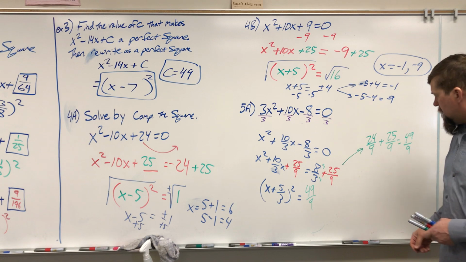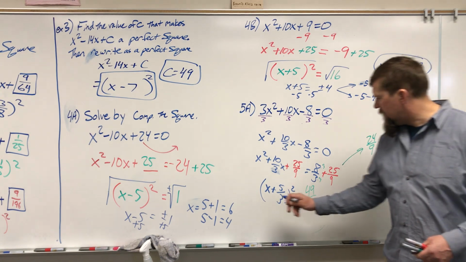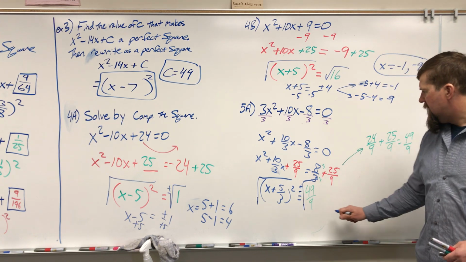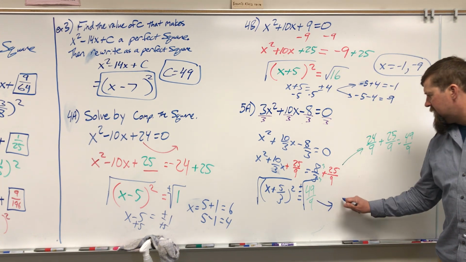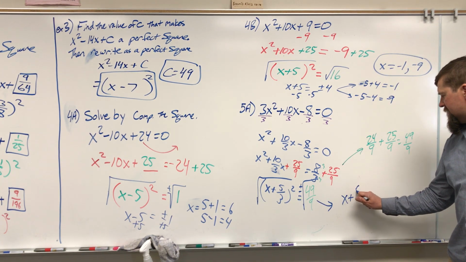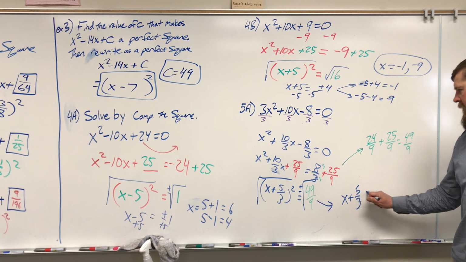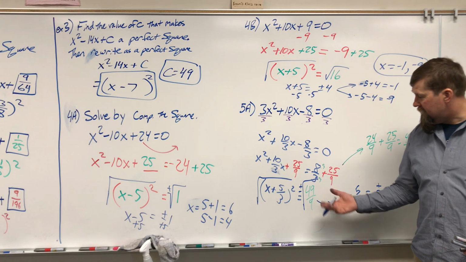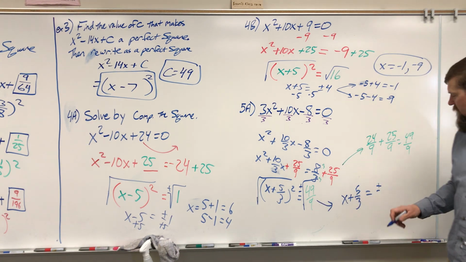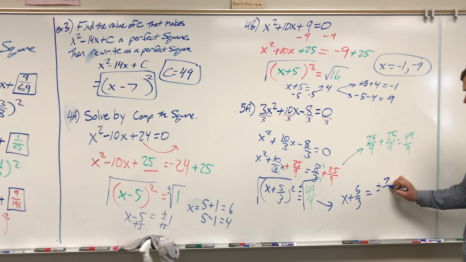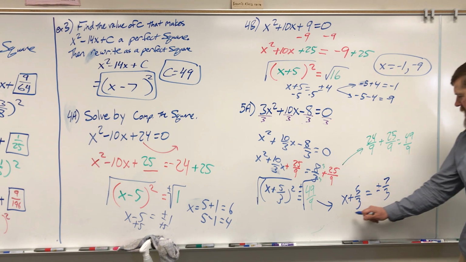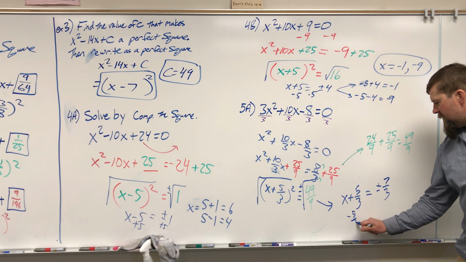Okay. So what we're going to do is we're going to take the square root of both sides, plus and minus. I get x plus 5/3 equals plus or minus, and this is kind of nice because 49/9 is a perfect square, so it's 7/3. Okay, so then I'm going to subtract 5/3.